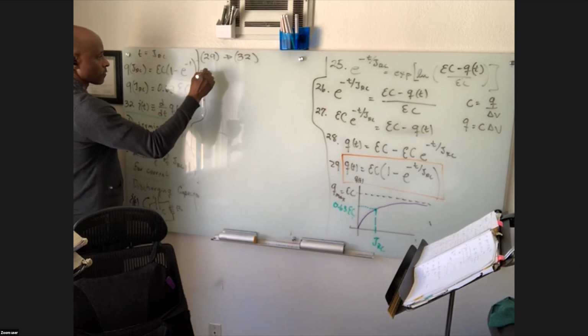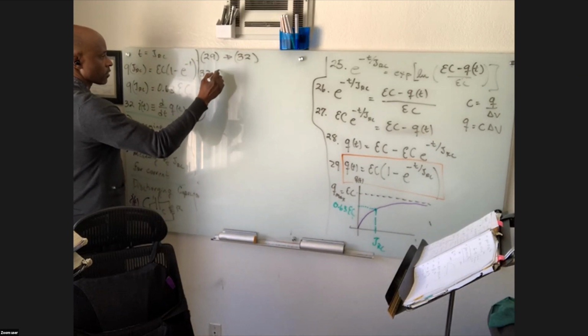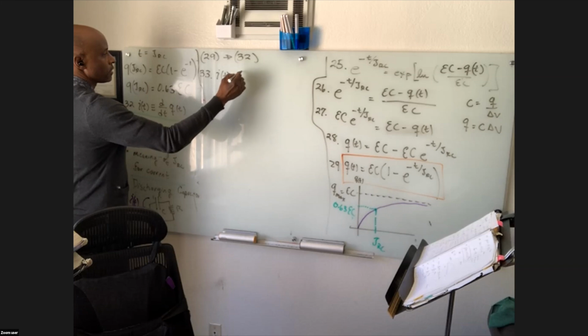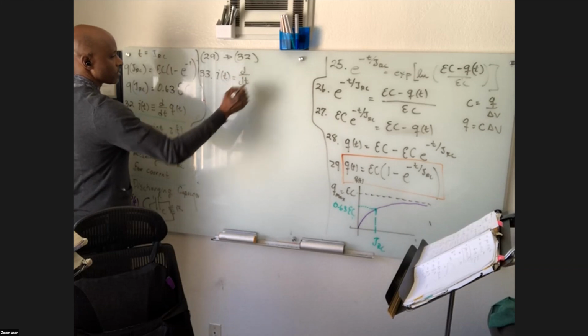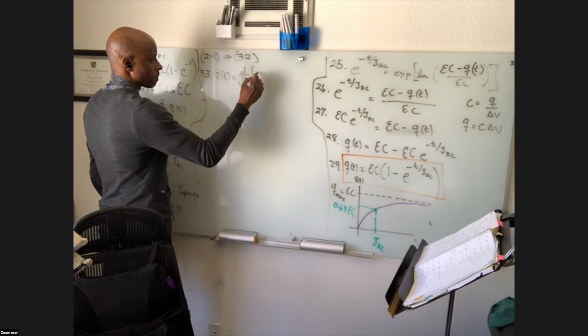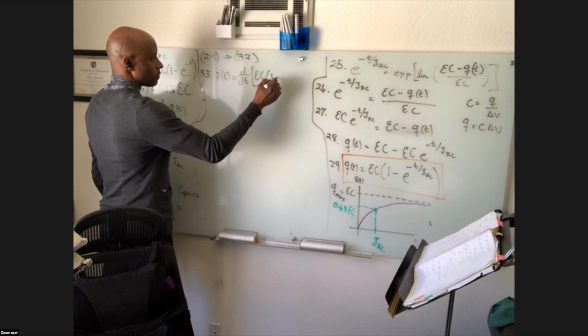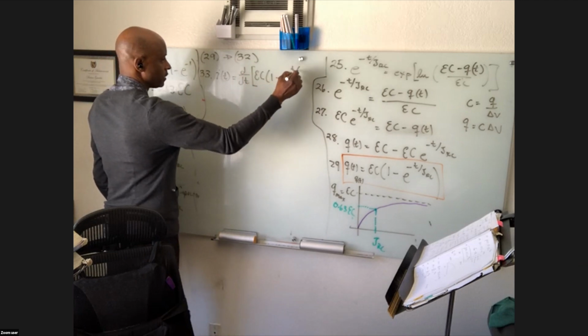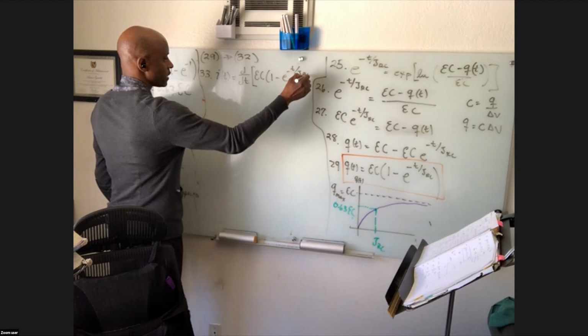My current is going to be equal to the derivative of this thing, EC times (1 minus e to the minus t over tau RC).